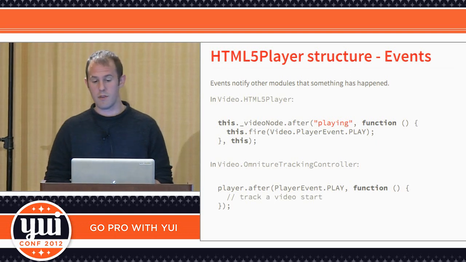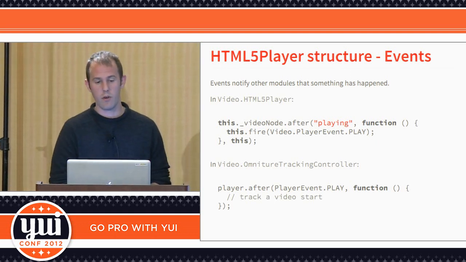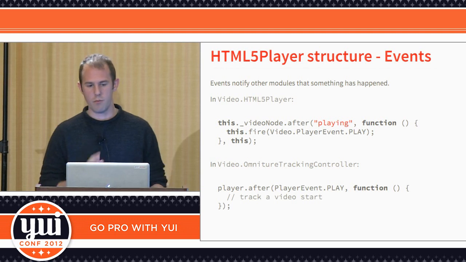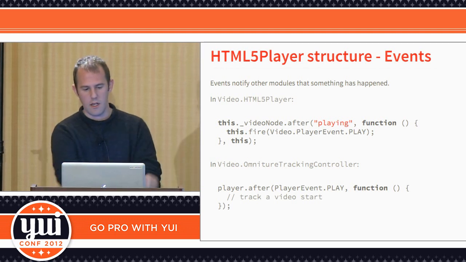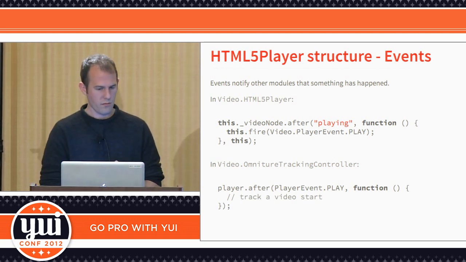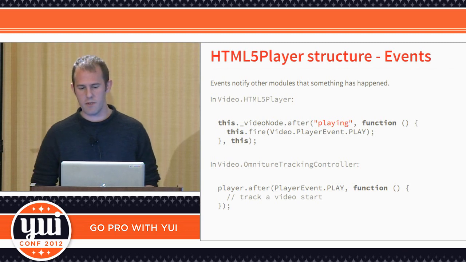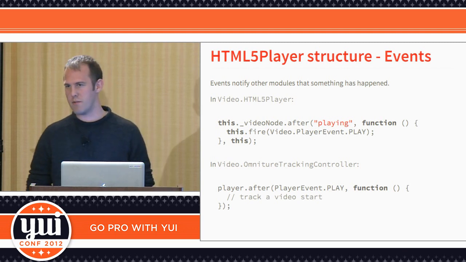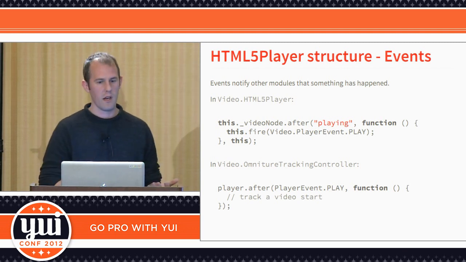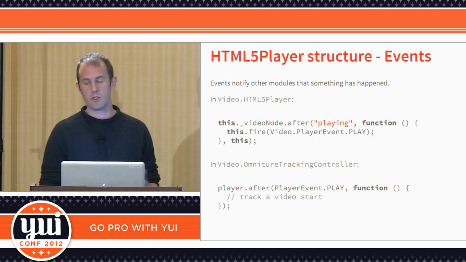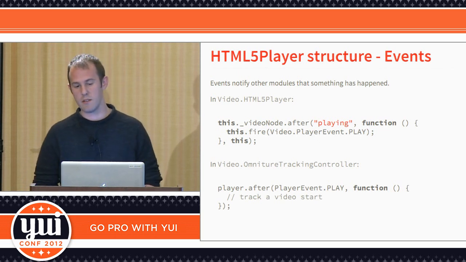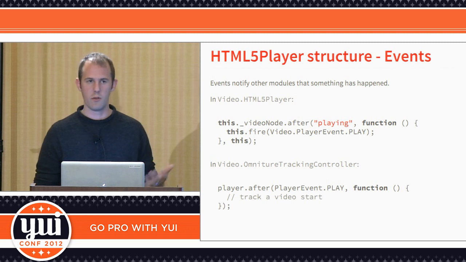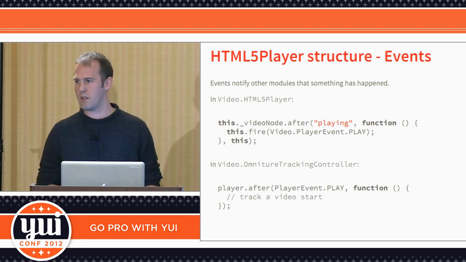And we use custom events in the player quite a bit, and these allow the different modules to interact with each other on the page. So when the video node fires a playing event, we fire our own custom play event. This play event is the same. We use variable shortcuts for this because it also is normalized with the Flash events as well.